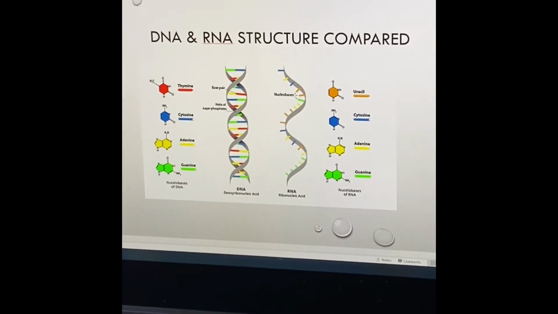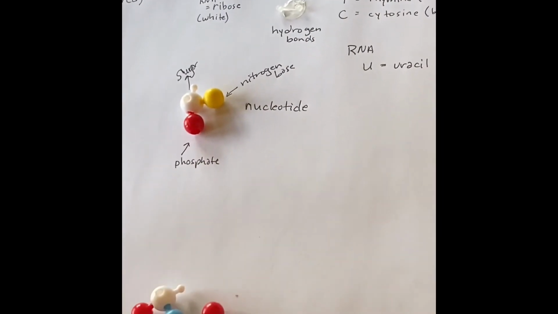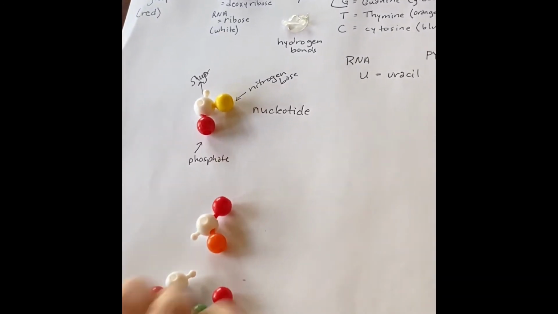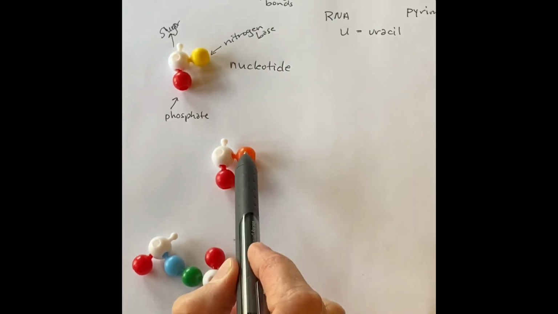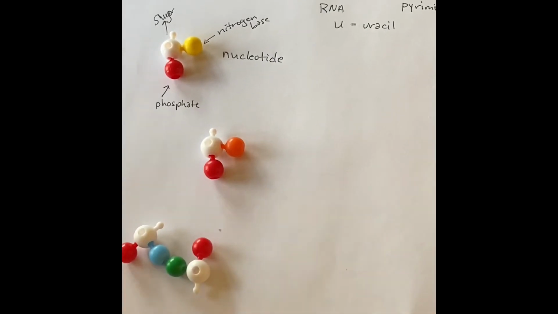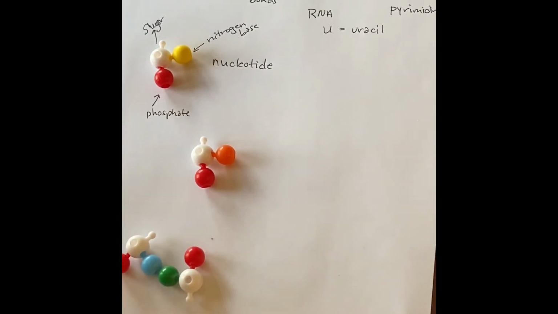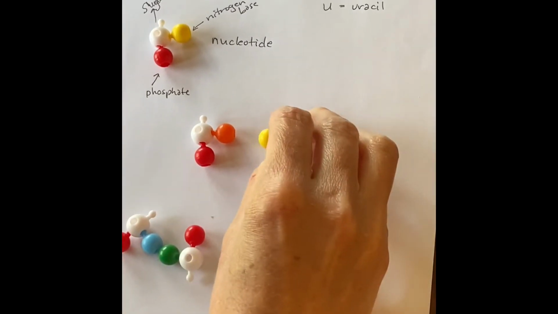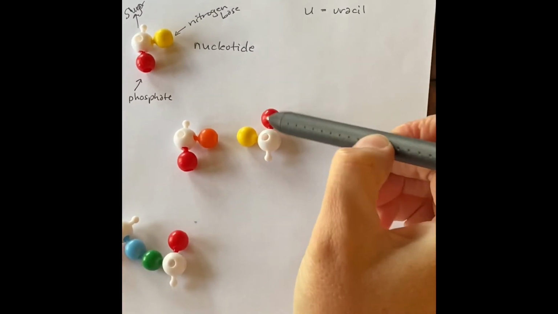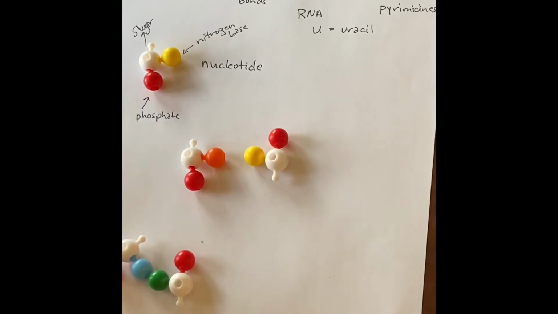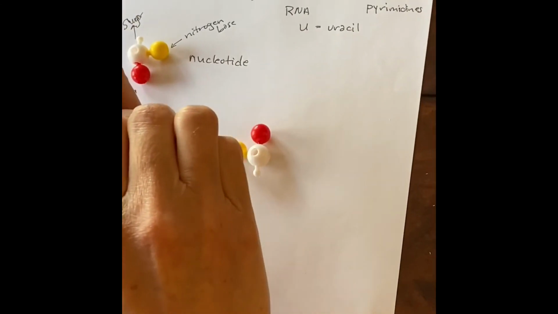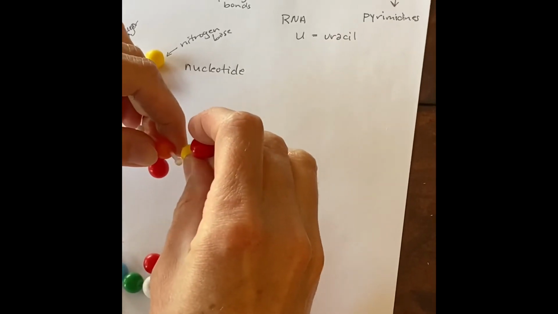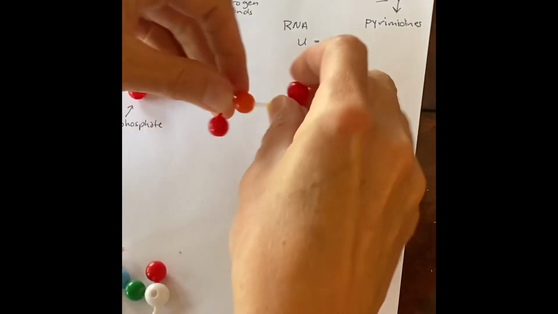So if we were to build a DNA molecule, we would take a nucleotide like this. There's the sugar, phosphate, and nitrogen base. And then the other nucleotide that binds to the other side of it, also phosphate, sugar, nitrogen base, and they're held together by a hydrogen bond. So this represents a base pair.